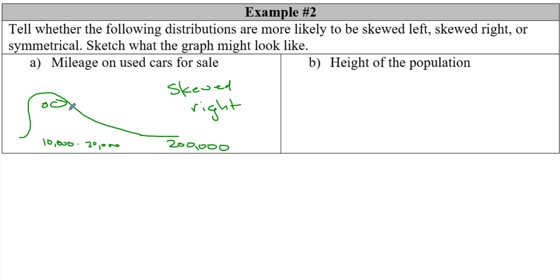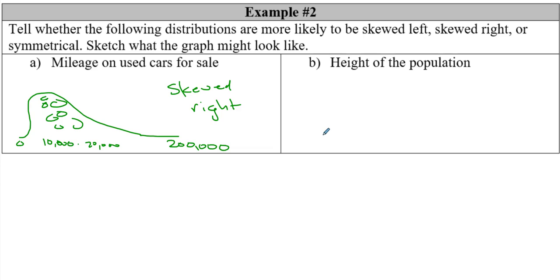So the bulk of our data is going to be in this area here where this hump is, and then it's going to start tapering down because people aren't really buying super old cars. And then also back here, not many people are buying cars with very little mileage because those would be considered newer cars. So this one is going to be skewed to the right.